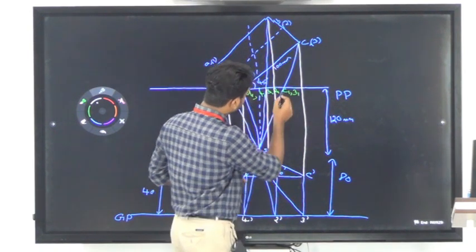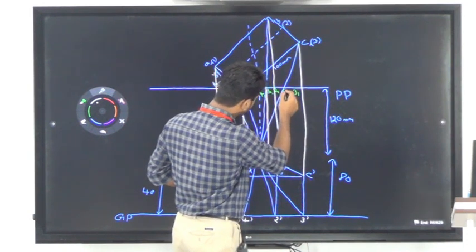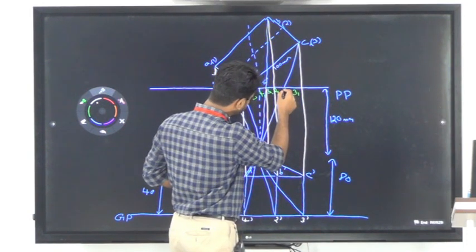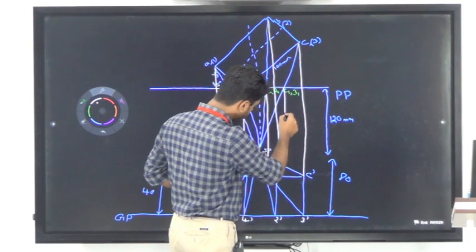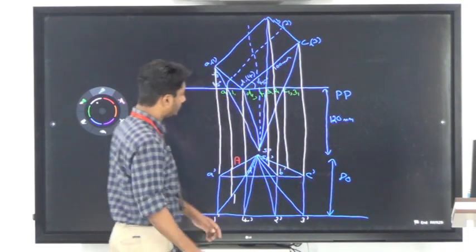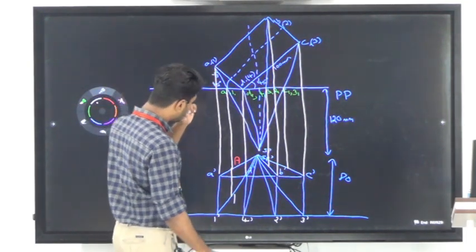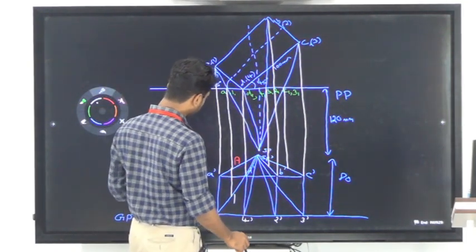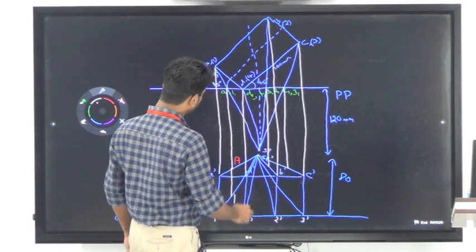Then we are drawing the perpendicular from the point C1. So this is the point capital C. Then you are drawing the perpendicular from the point D1.